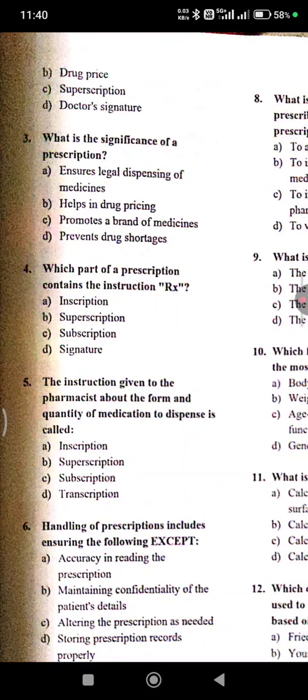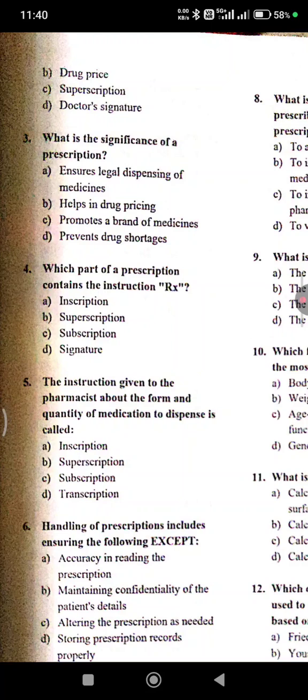Let's go to question number 5. The instruction given to the pharmacist about the form and quantity of medication to dispense is called, option C, subscription, or superscription? Superscription contains only Rx. What is the meaning of Rx?